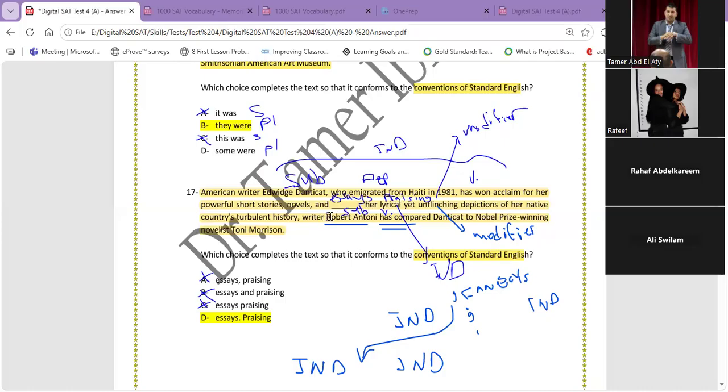But we must find the subject and the verb. Writer Roxane Gay has compared. Yes, we have a subject and a verb. So this is a new sentence. So now we have an independent clause, in the middle of it a dependent clause, then we have another independent clause. So we must put a comma with a FANBOYS conjunction, a semicolon, or a full stop. So the answer is going to be D.